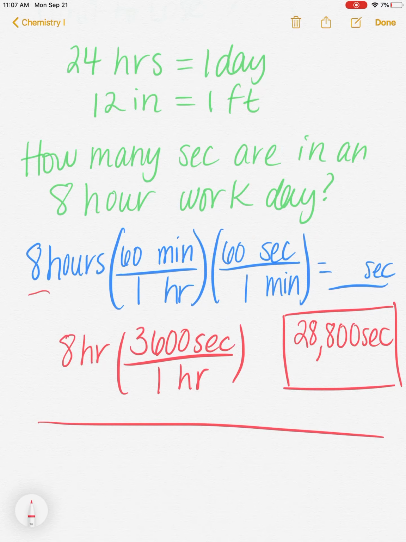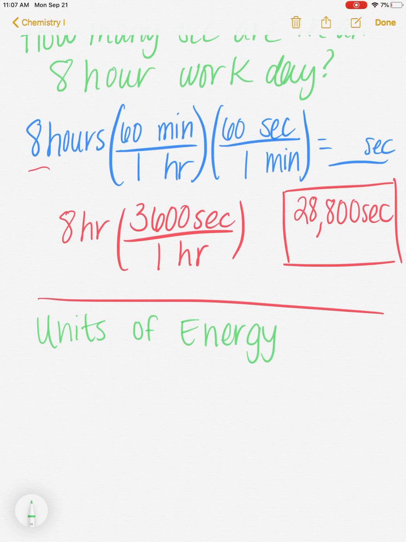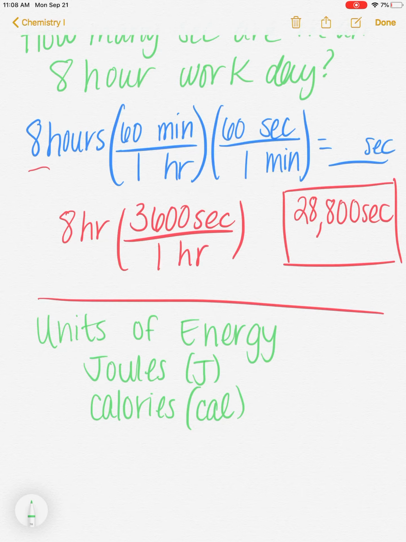All right, today for the sample problems that we are doing, I want to focus in on units of energy. In section 1 or 2 of this chapter, we had discussed that there are joules, which are used to measure energy, a capital J, and there are calories, which is a lowercase cal.